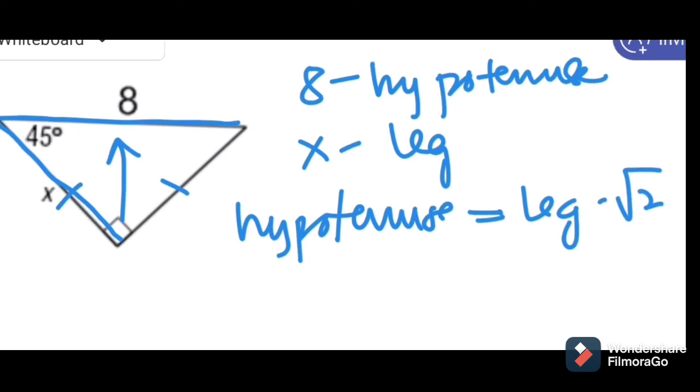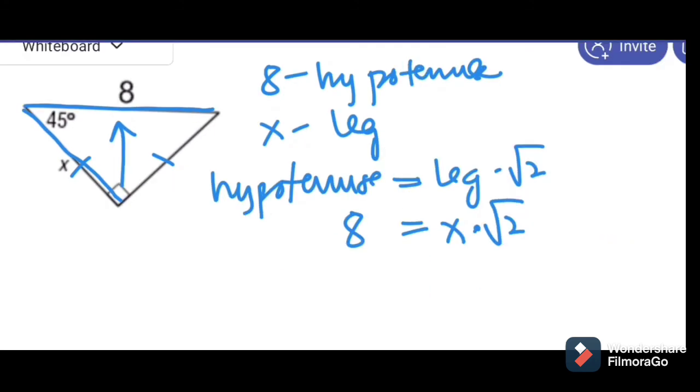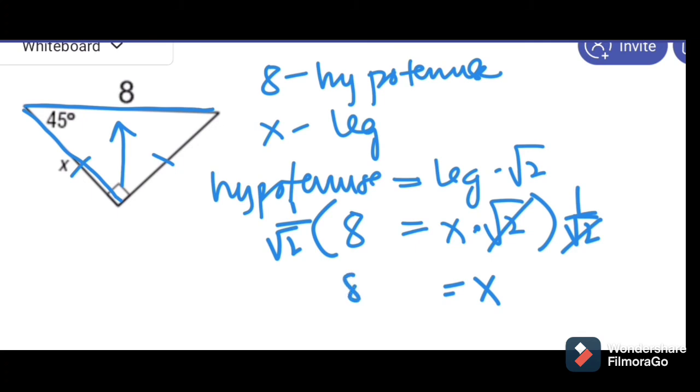So, for this case, the hypotenuse is equal to 8, which is equal to the leg, the unknown, times the square root of 2. To find the value of x, we multiply by 1 over the square root of 2. So, x is equal to 8 over the square root of 2.